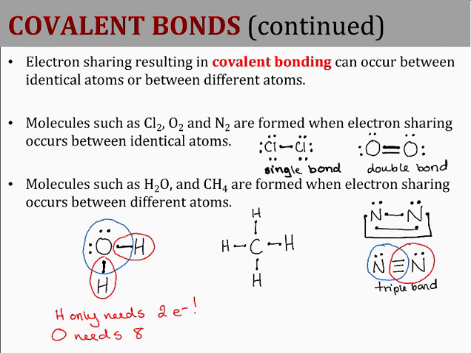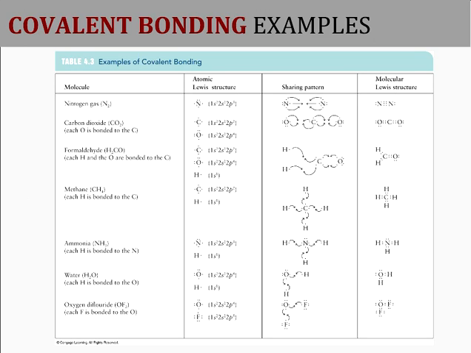So these are just a few examples of what are called Lewis structures, but you can see how these different atoms share electrons in order to become like a noble gas. Your textbook has a table that shows a few other molecules. So we went over nitrogen, we also went over methane, and we looked at water.